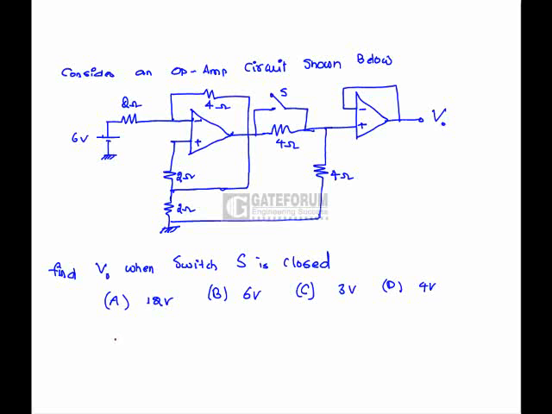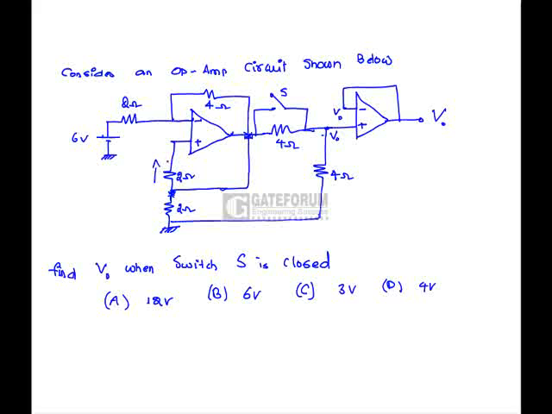Consider an op-amp circuit shown below. Find V0 when the switch is closed. When the switch is closed, the 4 ohm resistor is short circuited by the switch. Here this point is V0, and from the virtual short circuit concept, this node also has potential V0. Because of the switch closure, V0 appears here, and similarly all these node potentials are V0.